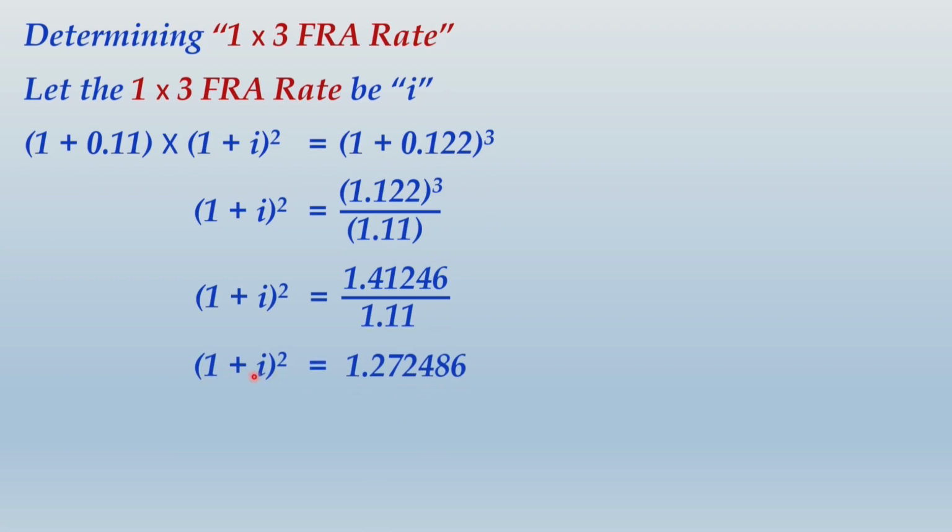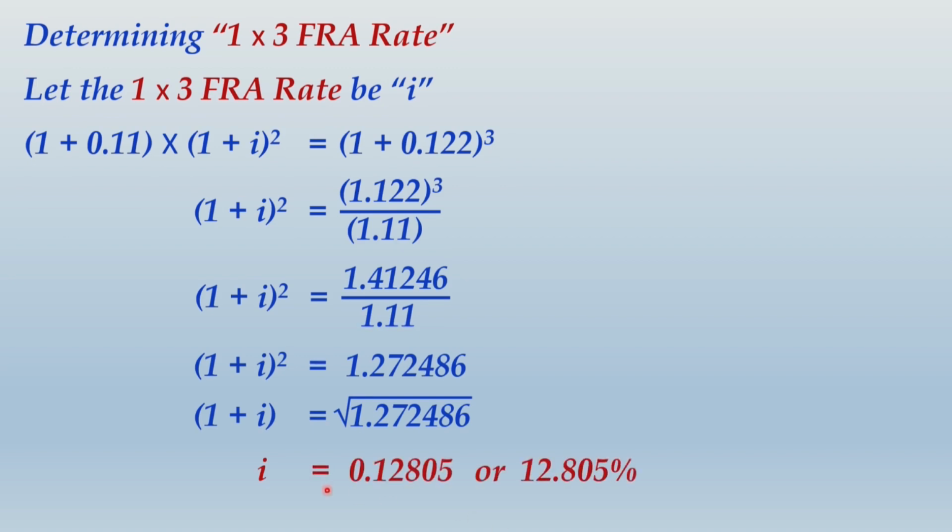So if you want the value of 1 plus I, you have to take the square root of the term in right hand side. So 1 plus I would simply be square root of 1.272486. When you solve that, when you take that square root, you get the value of I as 0.12805 or 12.805%. So friends, take note of this as well, and that will be end of the solution.